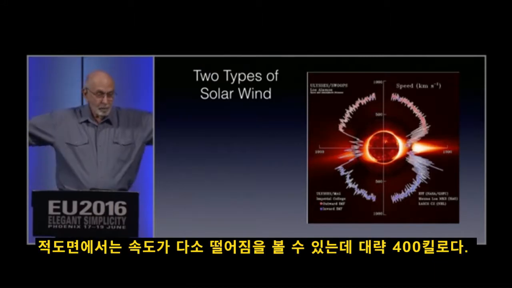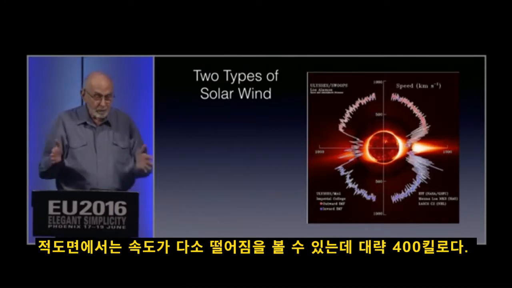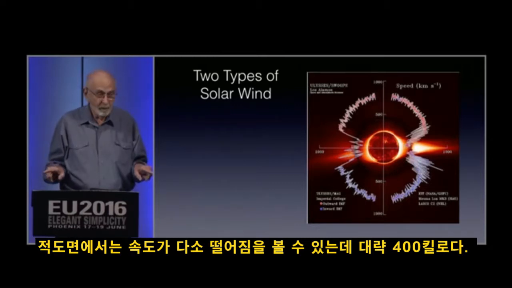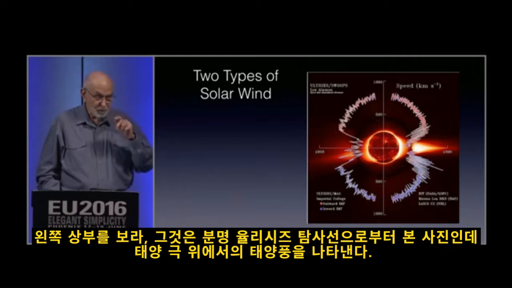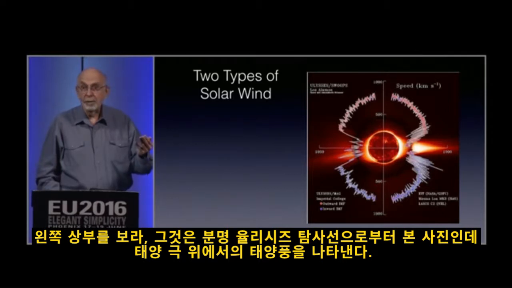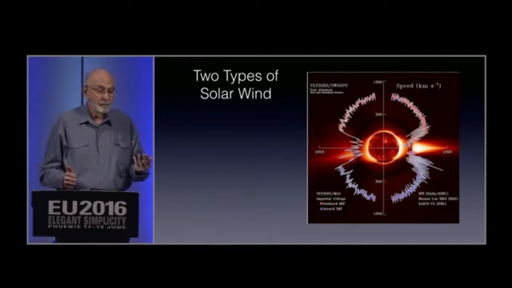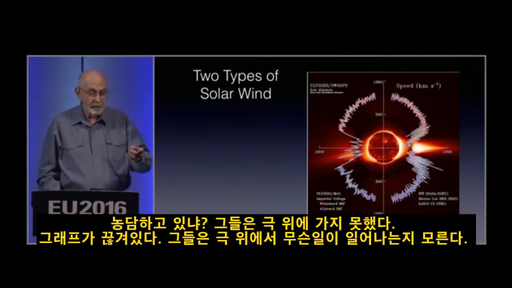In the equatorial plane of the sun, you notice that the diagram sort of collapses. The maximum speed of the solar wind is low. It's about 400. This is a picture, obviously, you look at the upper left, from Ulysses, the Ulysses probe. SWOOPS, S-W-O-O-P-S, stands for Solar Wind Observation Over the Poles of the Sun. You kidding? They didn't get over the poles.